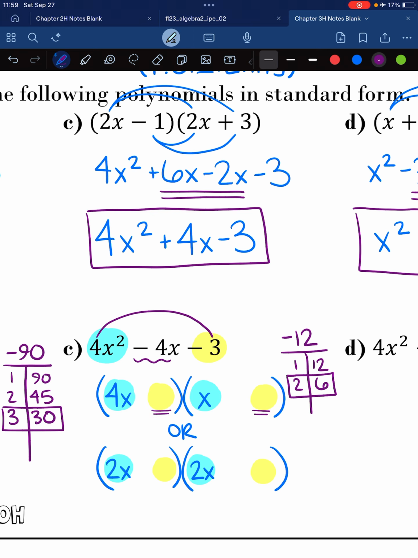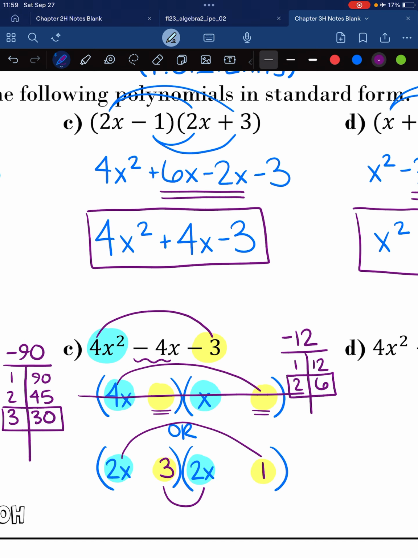There's absolutely no way I could fill this in, because this 4 is going to multiply by that number. 4 times nothing is going to give me either 2 or 6. So I think this parentheses might be a bad option. Okay, 2 and 6. These two are going to multiply and these two are going to multiply. So 1 times 3, right?